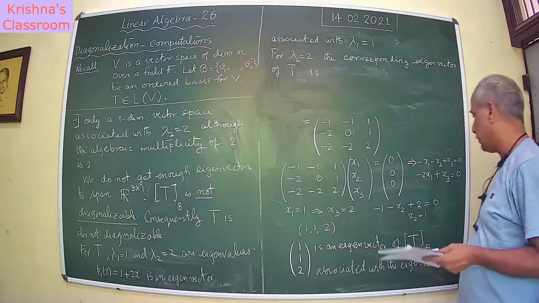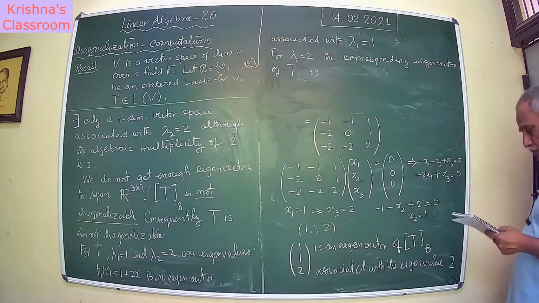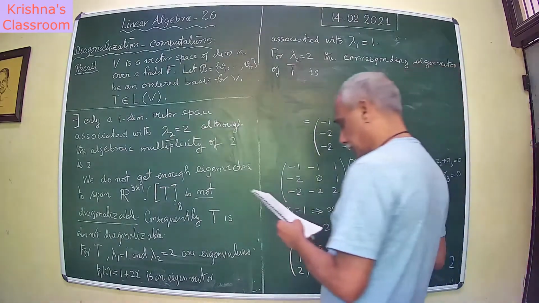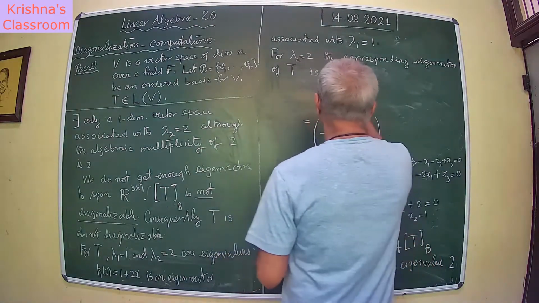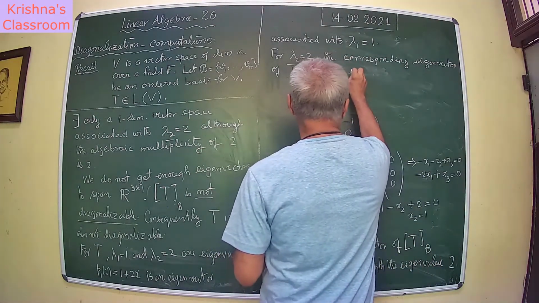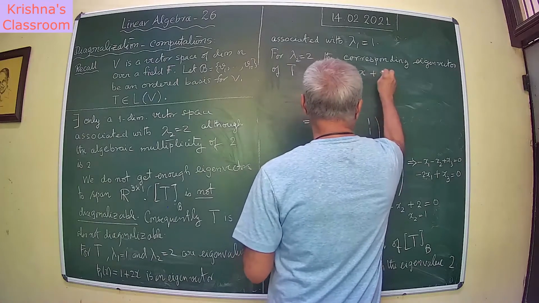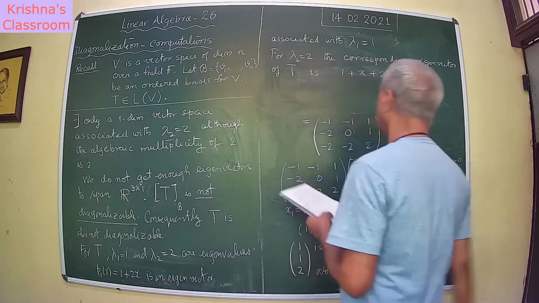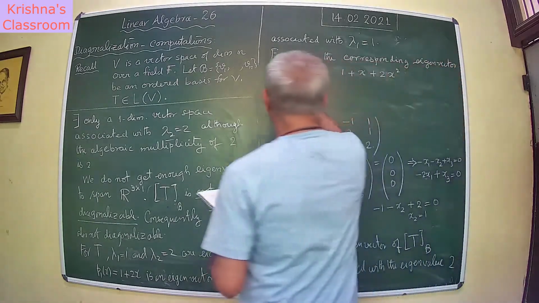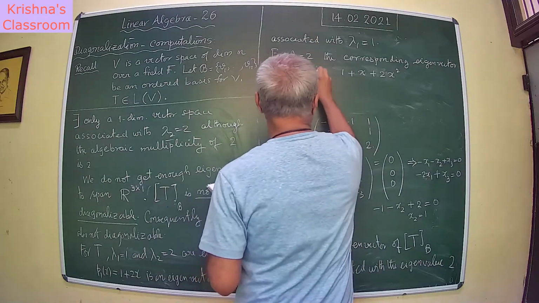It is going to be 1, 1, 2. 1, 1, 2 is actually 1 plus x plus 2x squared, which is P2.